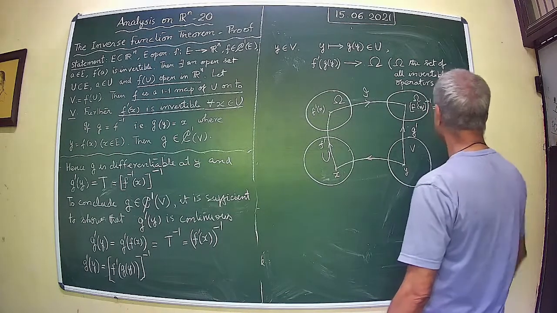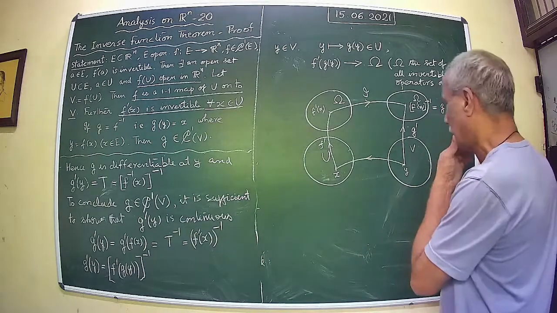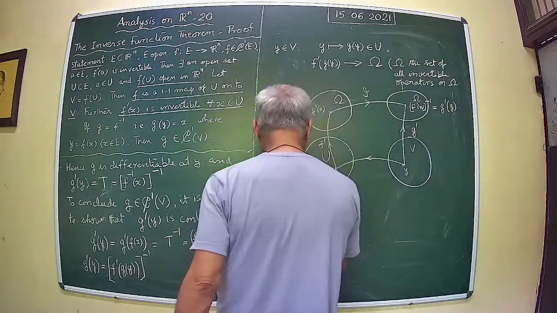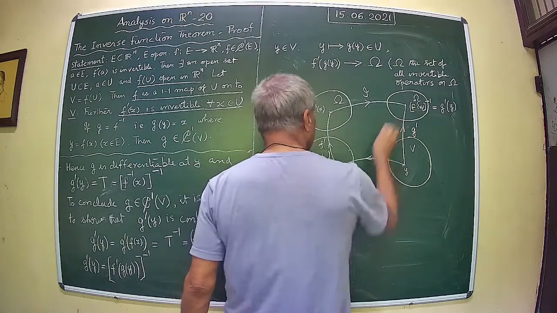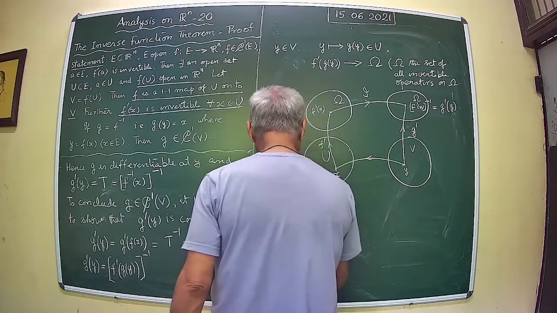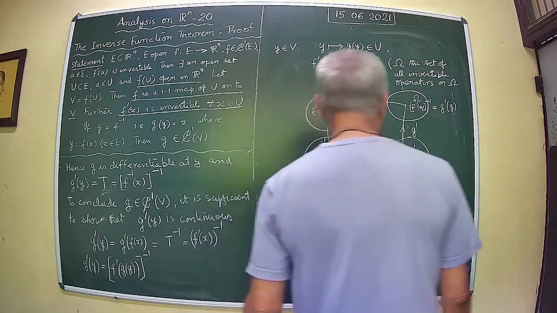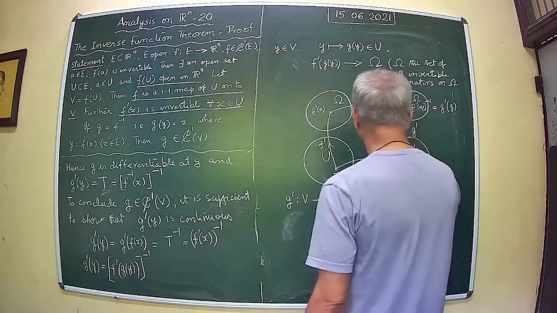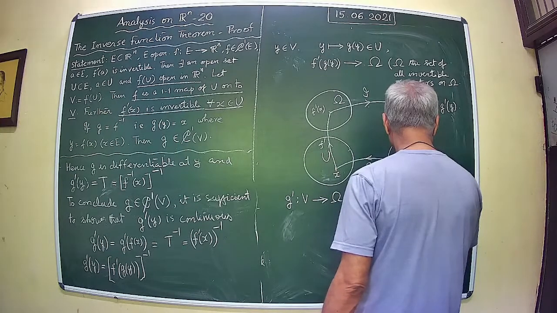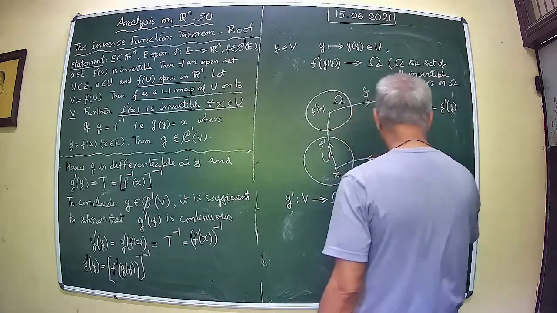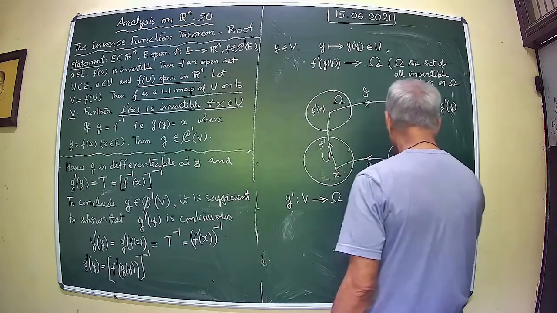Therefore you see that G prime is from V to omega and G prime can be conceived as G composition F prime composition inversion map.